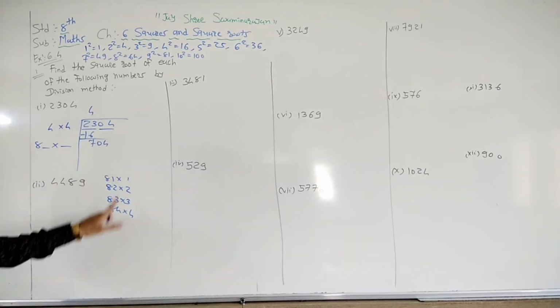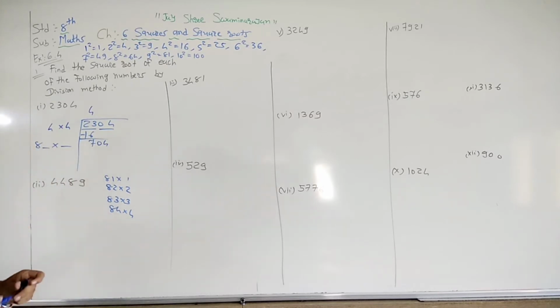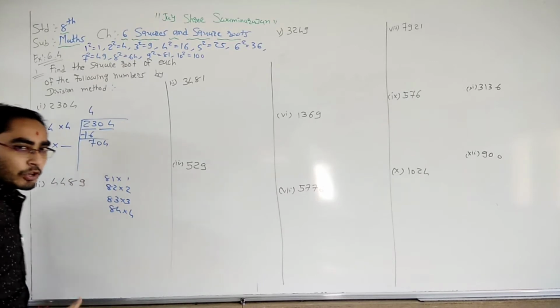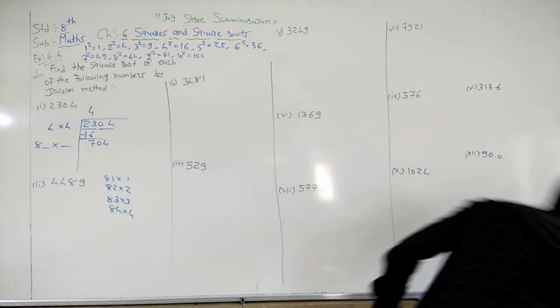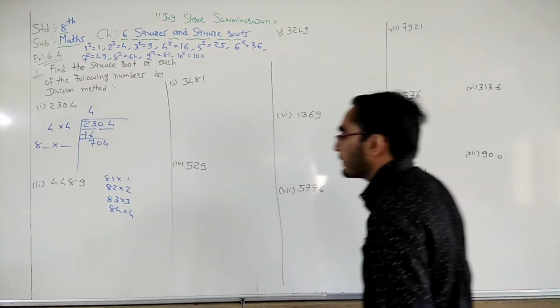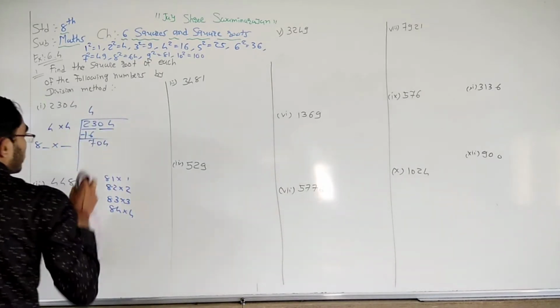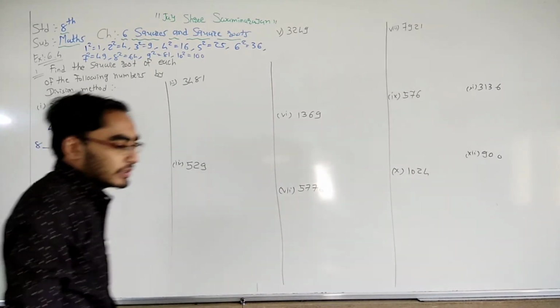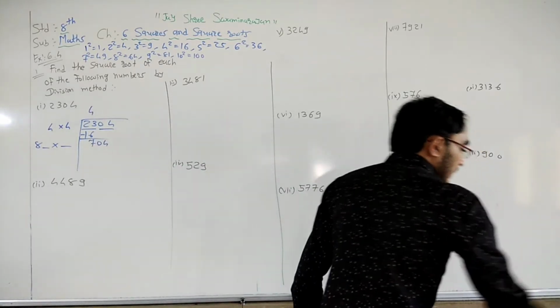So we need to put the same digit, and we want the answer near about 704, or equal to 704.